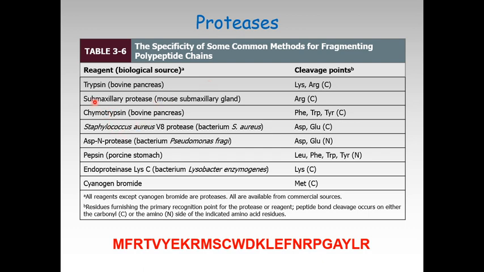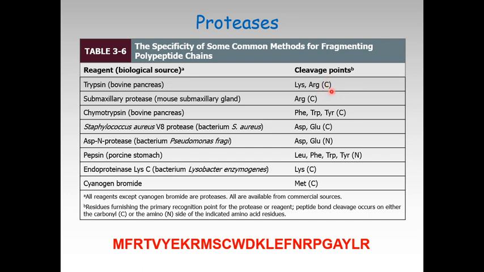Some of the other proteases include submaxillary protease, this is from mouse, chymotrypsin, again from bovine pancreas, and the aspartate N protease or pepsin. Now, shown here are the cleavage points, which means that these proteases would cleave before or after the residues that are shown here.